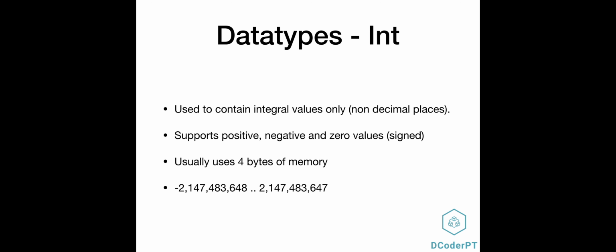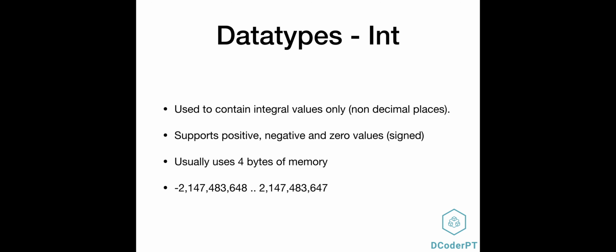Usually it takes 4 bytes of memory, but bear in mind that in this slide and the next ones, the amount of space it occupies in memory, as well as the ranges of minimum and maximum values that we can store, depend on the computer architecture. So they are not constant and may vary according to the architecture that you are using.